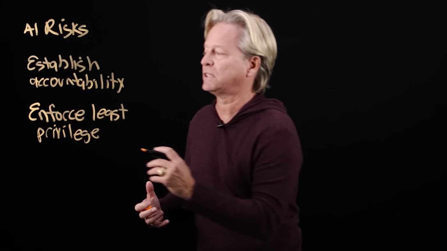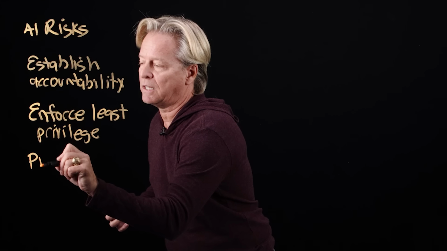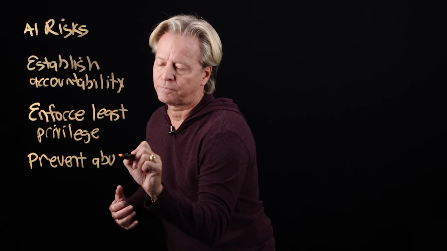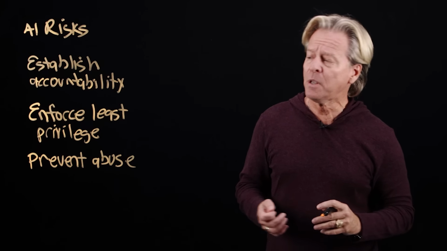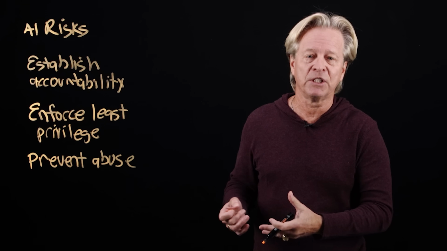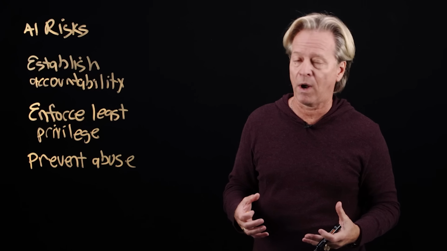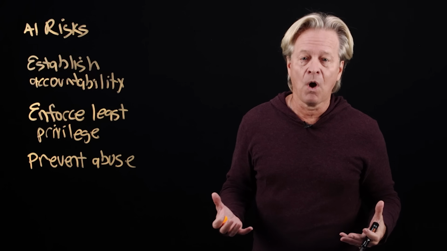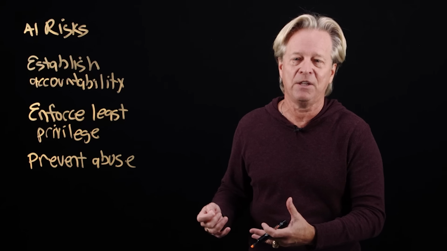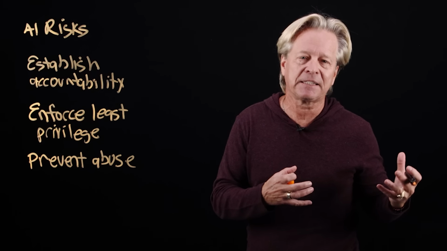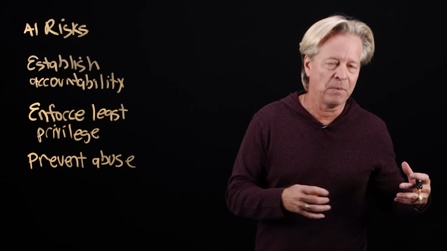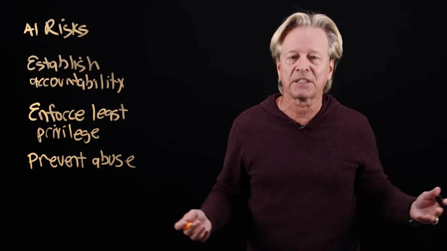The next risk is then really kind of related, and it's how do you prevent abuse? And this can be either malicious, where somebody intentionally is building an agent that's going to go do something we don't want it to do, or unintentional, where a developer builds something, they're thinking they're doing a great AI use case, and it connects to something that they unintentionally introduce some sort of a breach or access to things they shouldn't.